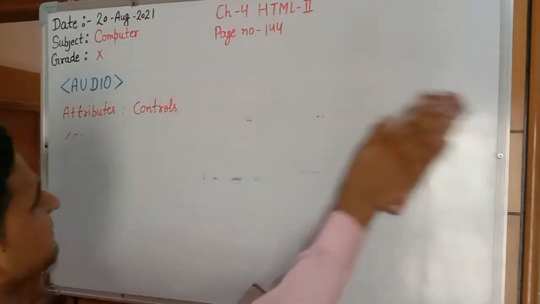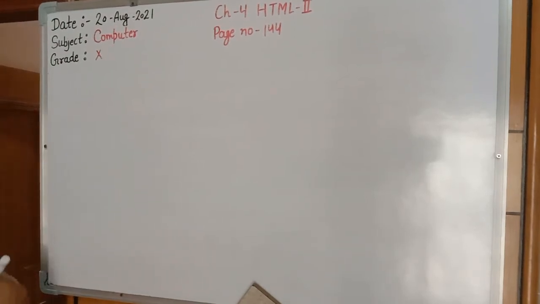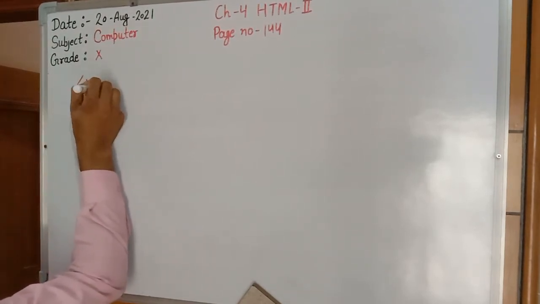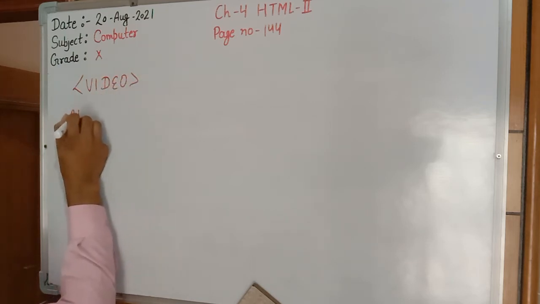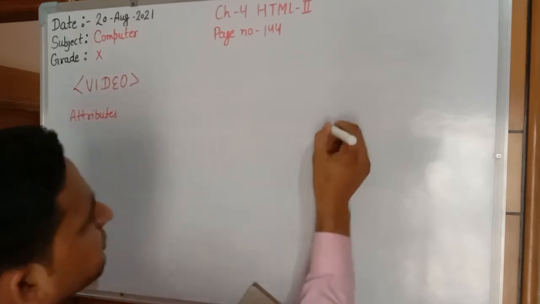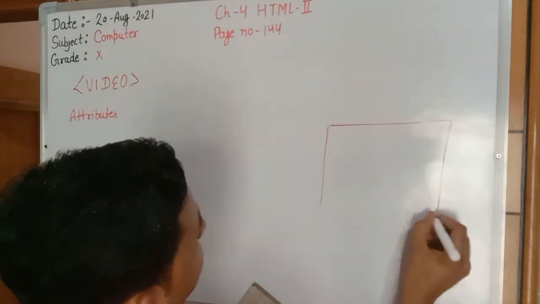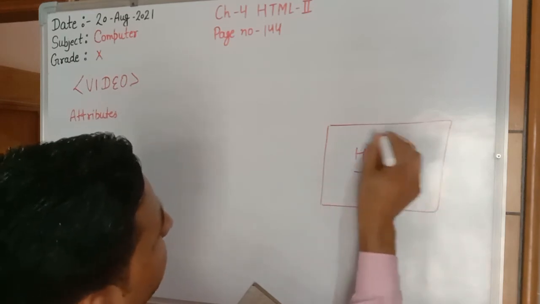Here we used the concept of audio; there we will consider the use of video, so we will use the video tag. The video tag has attributes because we have to display video, so we need to specify the size of the video also. It means we need to tell the height and width of this screen.